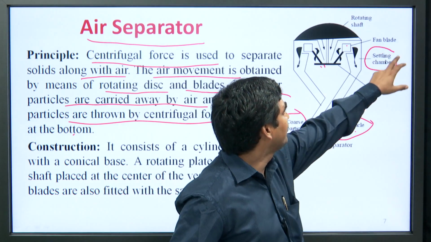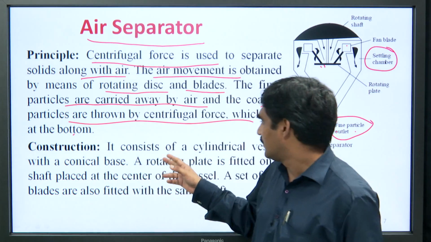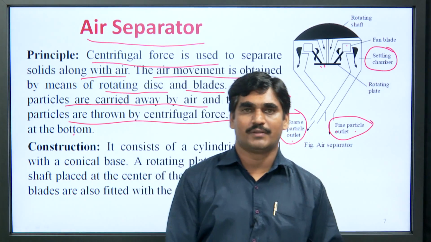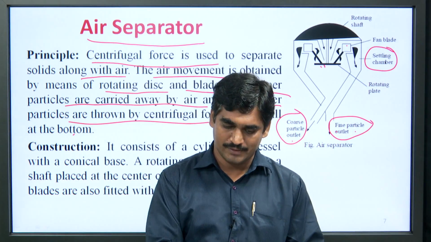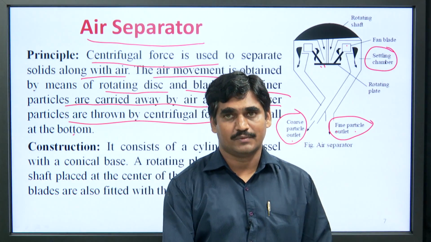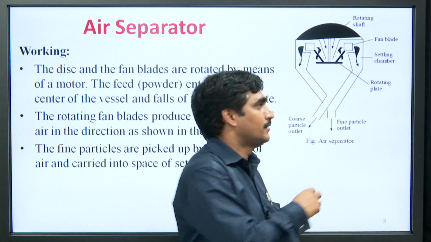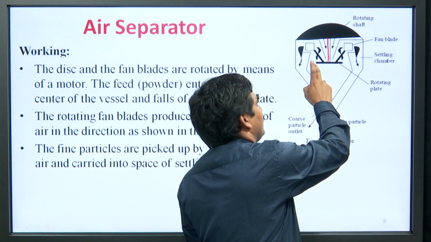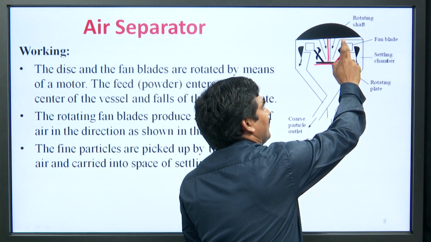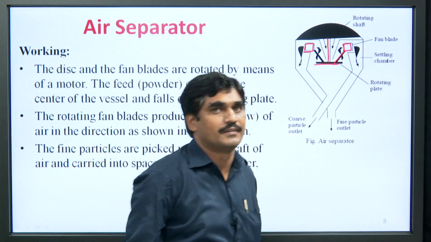One settling chamber is also attached to this apparatus. So, it consists of a cylindrical vessel with a conical base, and a rotating plate is fitted on the shaft, which is placed at the center of the vessel. A set of fan blades are also fitted on the same shaft. So, this is the central shaft through which the rotating plate is connected, and to this rotating plate fan blades are attached on both the sides.